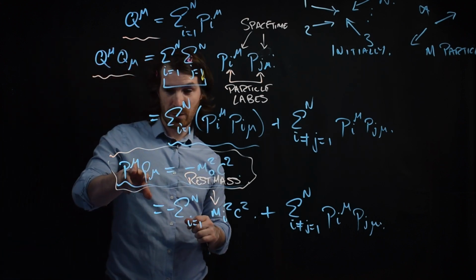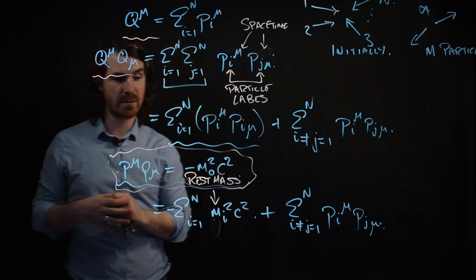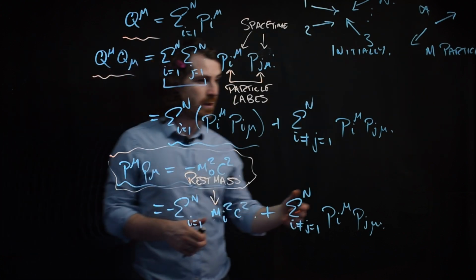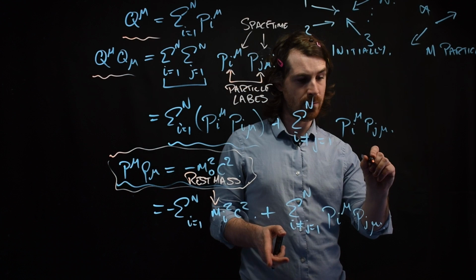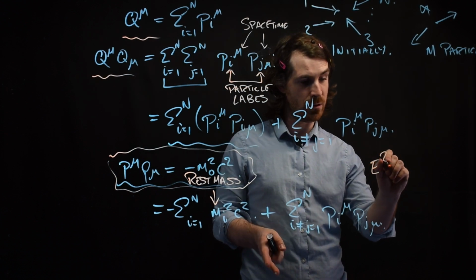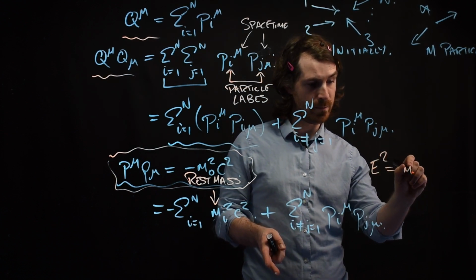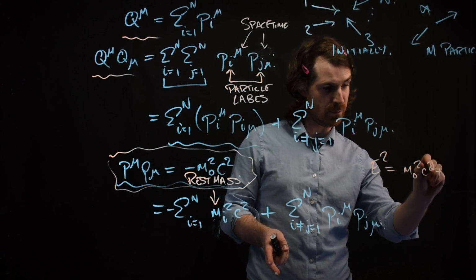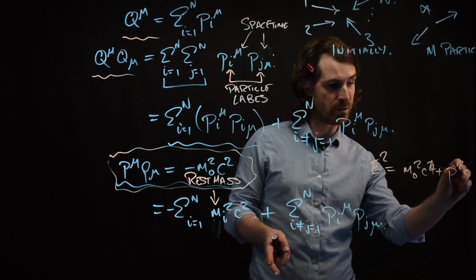So the length of a four momentum is minus the rest mass squared c squared. So remember that E squared is m0 squared c to the 4 plus p squared c squared.